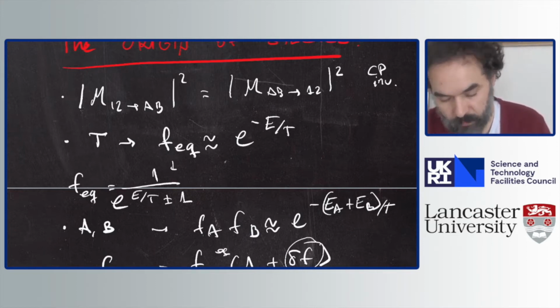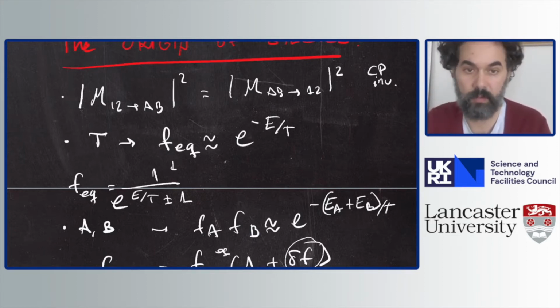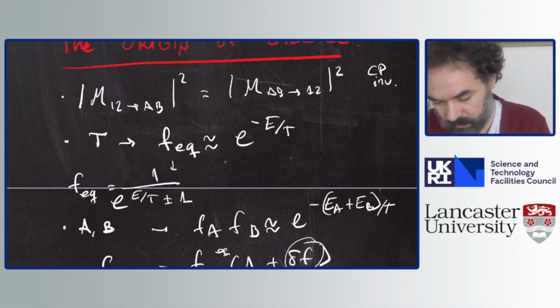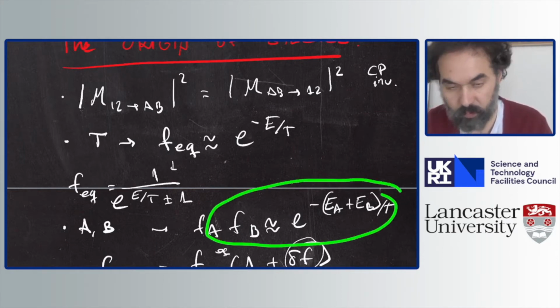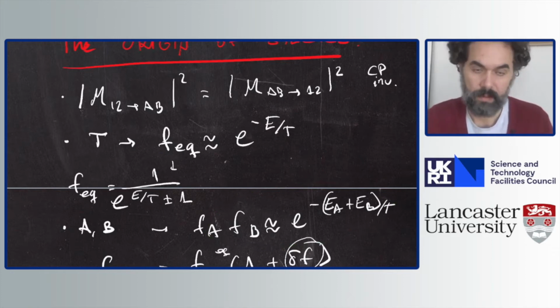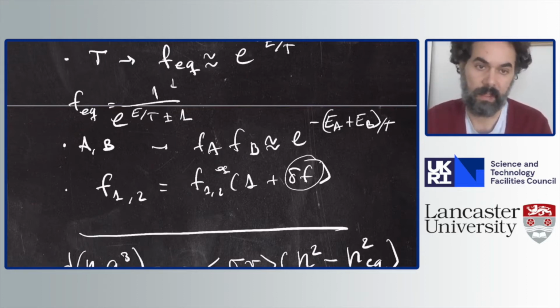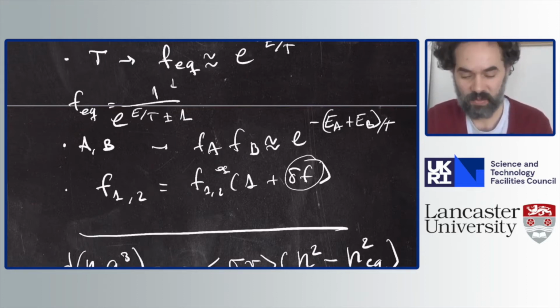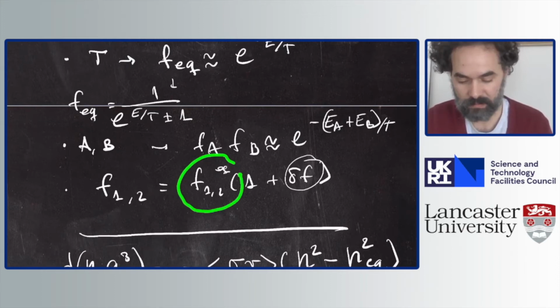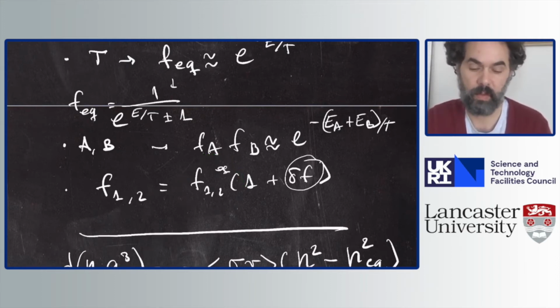So the distributions of A and B are equilibrium distributions at low temperature, given by what I wrote before. And finally, we are going to assume that F1 and F2 are close to equilibrium, so they have been created or annihilated close to equilibrium, and there is a distribution for them which is close to equilibrium plus some extra contribution.